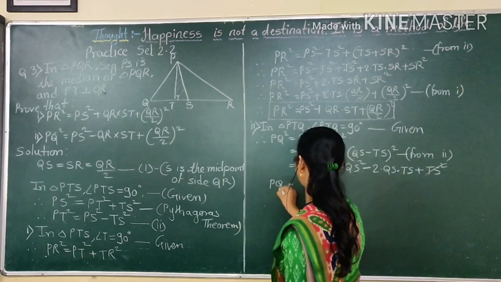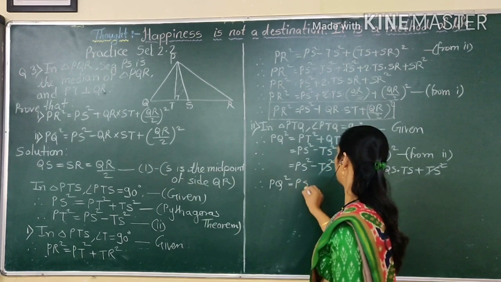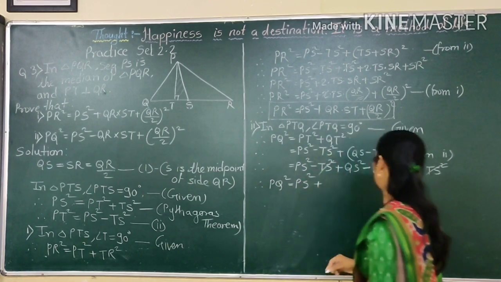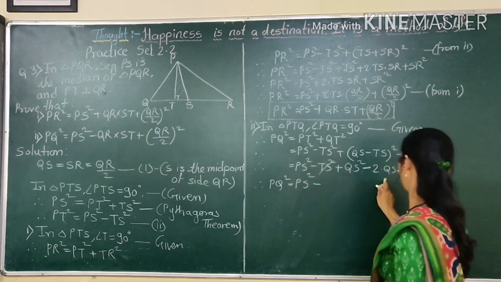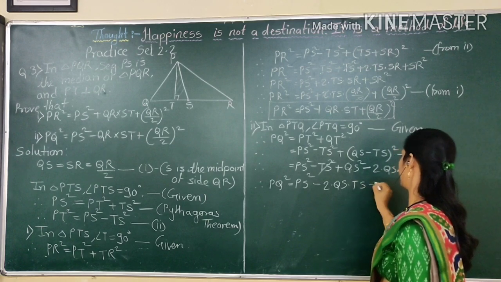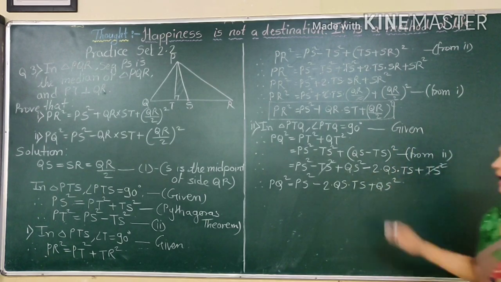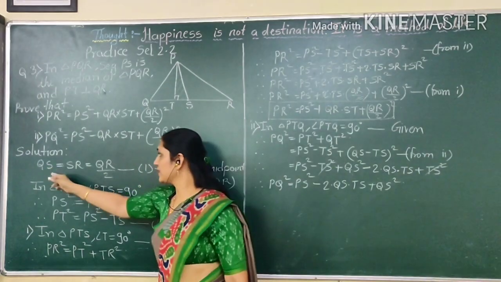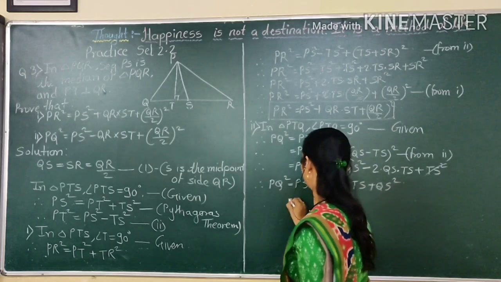So PQ square is equal to PS square minus 2 into QS into TS plus QS square. Again QS we can substitute as QR by 2. So let's substitute.